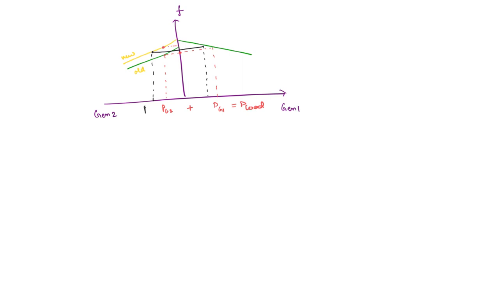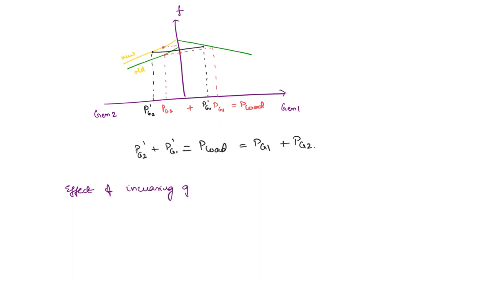So this is the new Pg2 and Pg1, such that when you add the new values, once again it is equal to the P load, which is nothing but the sum of the previous two load sharing values. So what is the effect of increasing the governor set point?